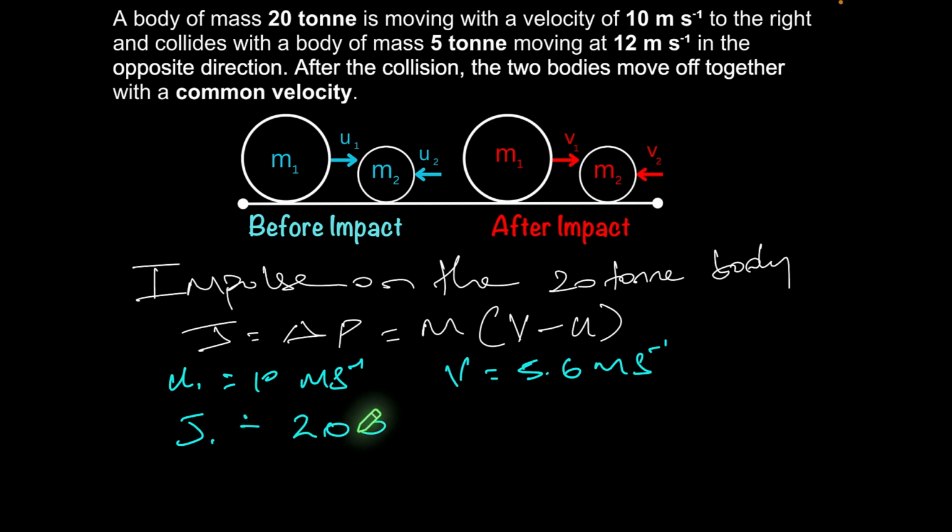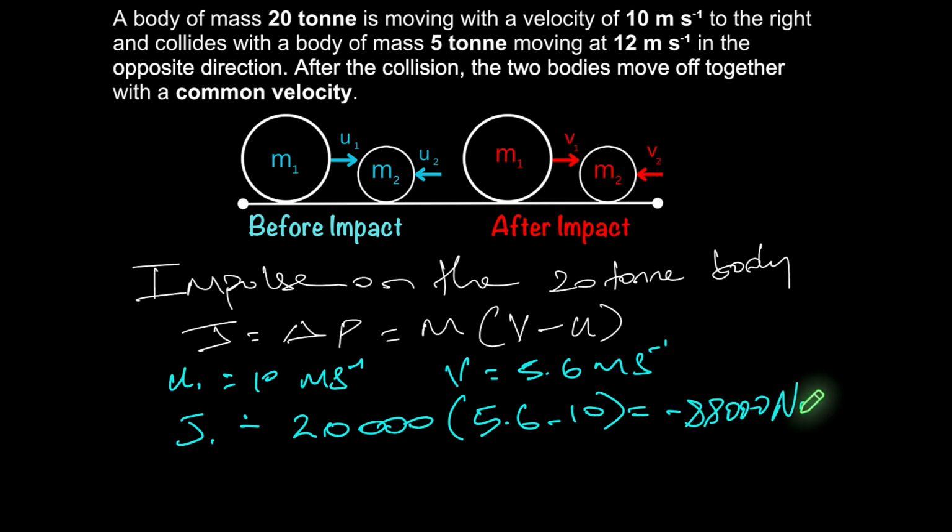So mass, again, 20 ton, so 20,000, and that will be multiplied by change in velocity, so 5.6 minus 10. This gives us negative 88,000, and that's Newton seconds. So we can see here that impulse is also a vector quantity because our answer here is negative.